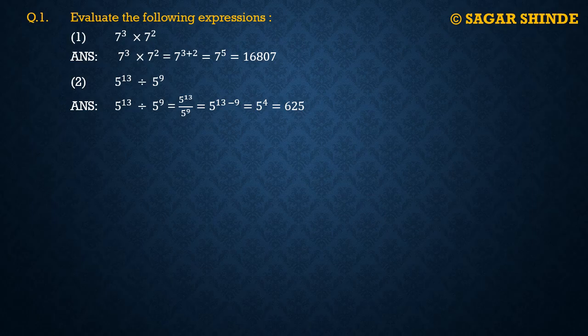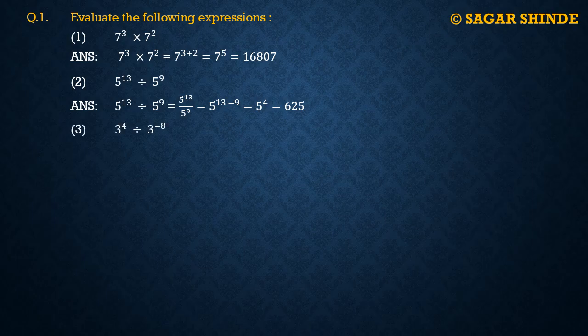Both are quite similar, and as there is division of these two numbers, simply we will subtract the powers. So 5 raised to 13 minus 9, which will give us 5 raised to 4, which is nothing but 625. Okay, 5 multiplied by 5 multiplied by 5 multiplied by 5, that is repeated multiplication of 5 with itself 4 times will give us 625. So this is very simple to do.